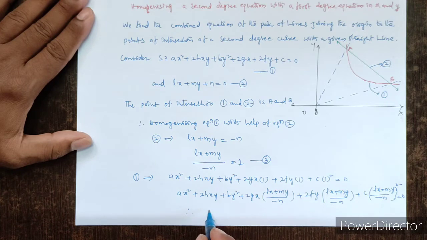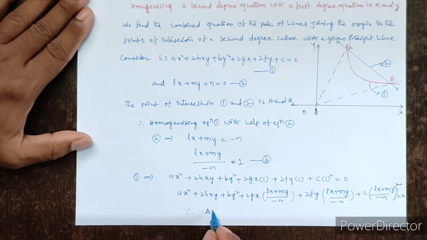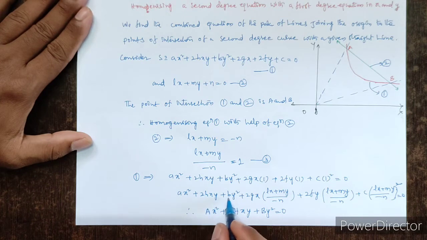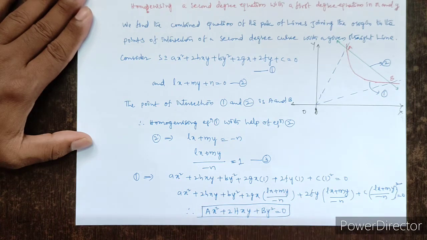The above equation can be simplified, and then we will get ax square plus 2hxy plus by square equal to 0. Anyway, we know this one.